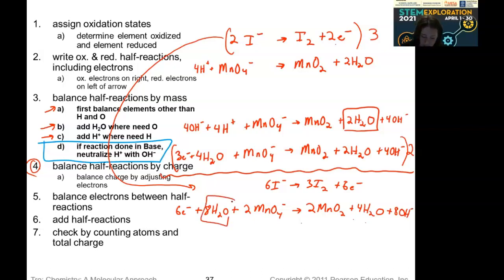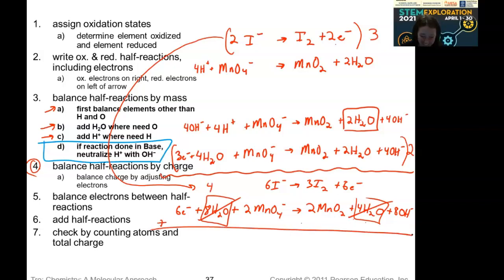And so now we have to simplify our waters, right? And this becomes a 4. So our final is going to be, now we're going to add these.